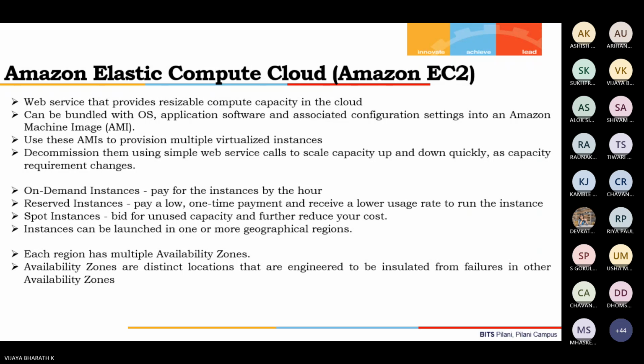For on-demand instances, you'll be paying per hour. Running 24 hours into 30 days, you get 730 to 740 hours. Next is reserved instances, paying in advance for that VM for a year or 3 years so that you get discounts. Spot instances, you can purchase if you need them immediately.